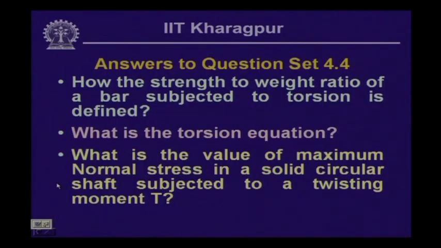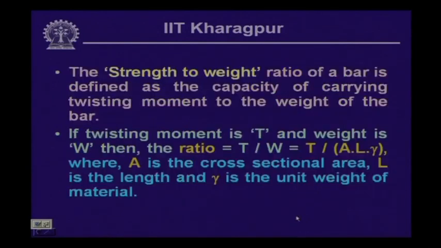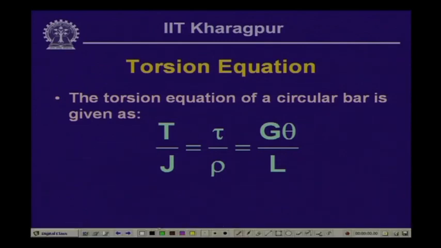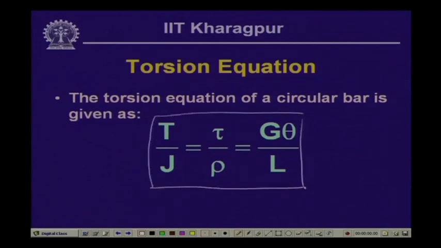Now, the second question is: what is the torsion equation? After going through the module on torsion, you know that the torsion equation is T by J equals tau by rho equals G theta by L. Here, T is the twisting moment or torsional moment acting on the shaft, and J is the polar moment of inertia.